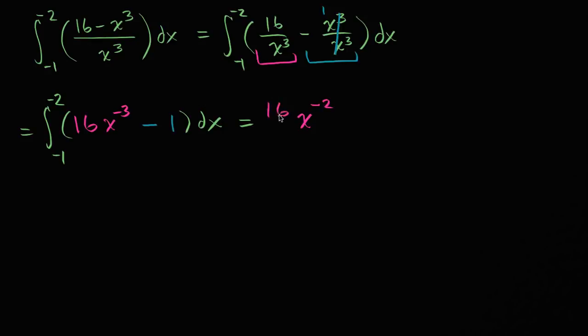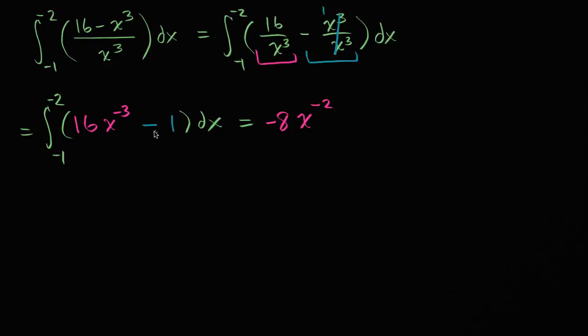So it's 16 divided by -2 times x^-2, and 16 divided by -2 is just -8. So we have -8x^-2.